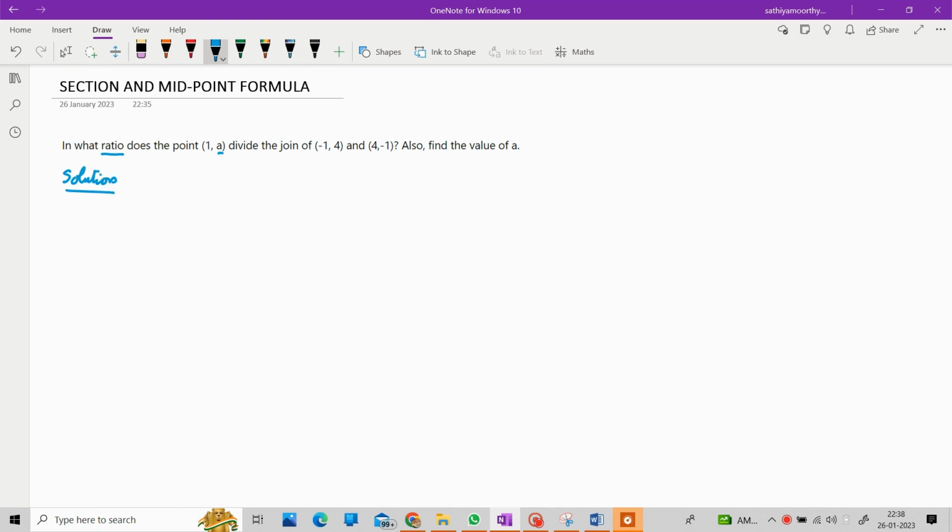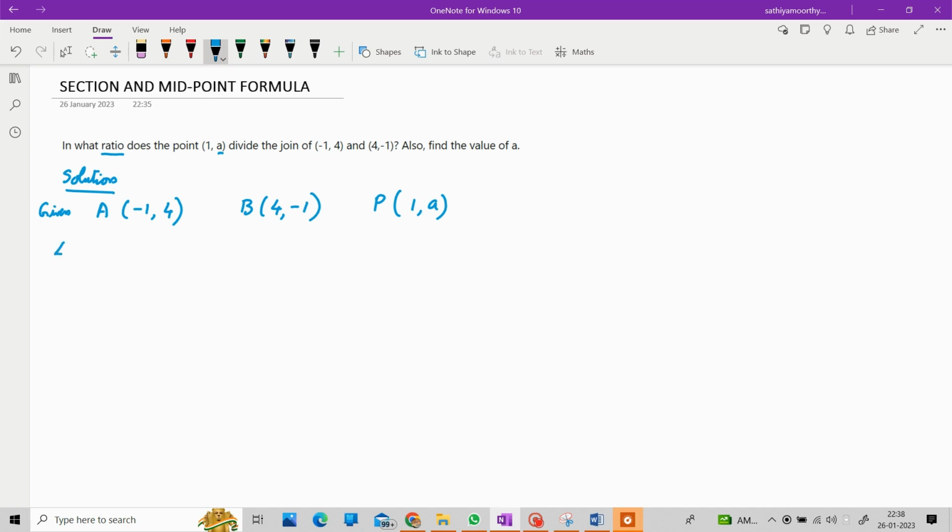Now in this problem the a coordinate is minus 1 comma 4, and the b coordinate is 4 comma minus 1, and the p coordinate also they have given, that is 1 comma a. So all these values they have given. They're asking us to find out the ratio m1 is to m2.